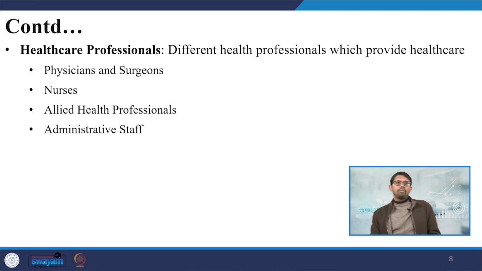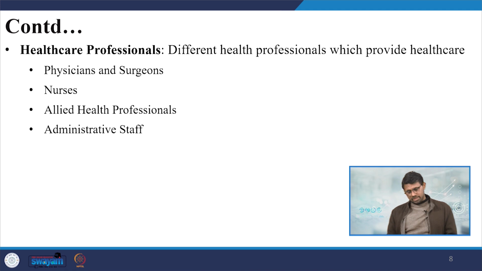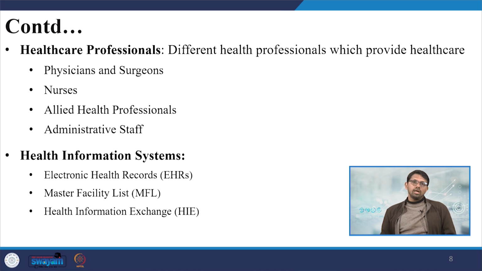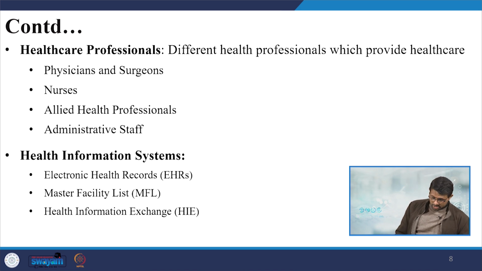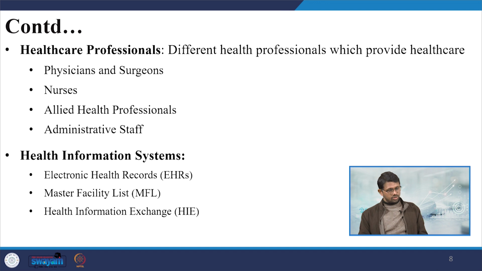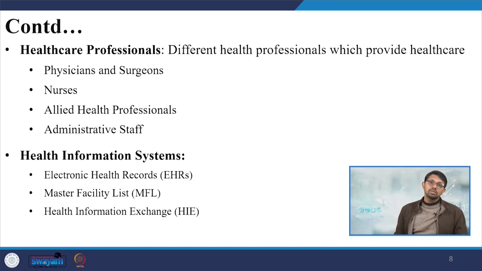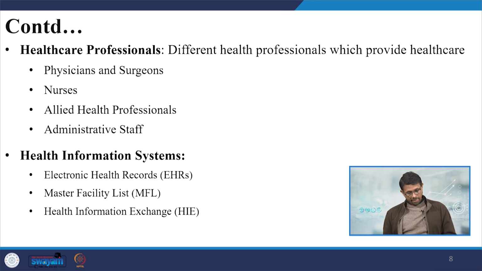About healthcare professionals, which is part of healthcare provisioning, it includes physicians, surgeons, nurses, administrative staff and allied health professionals as well. The health information system includes electronic health records, master facility list and health information exchange.